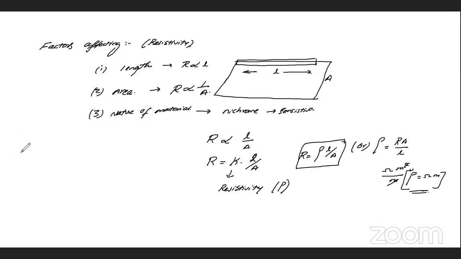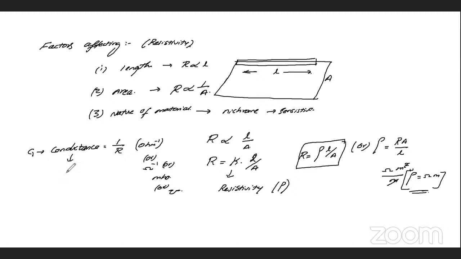The symbol for conductance is G. Conductance is equal to 1 by resistance, 1 by R, and its unit is ohm inverse, which we can write as mho. This is the unit for conductance.